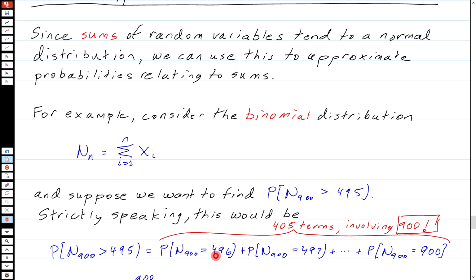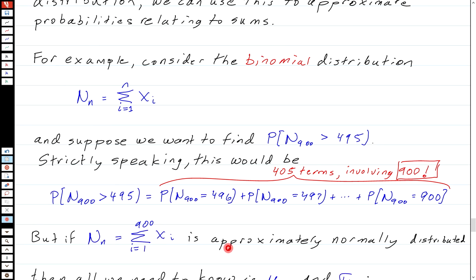You're going to have to use some sort of approximations to figure out what this would be, 900 choose 496, what that is.